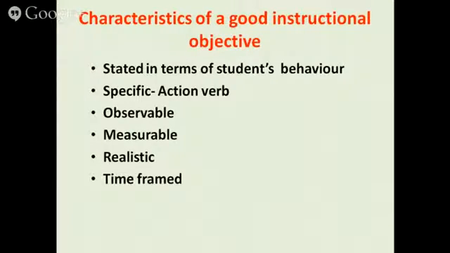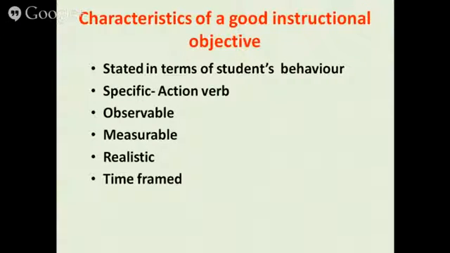All these are examples of action verbs. So depending upon what type of capability you would like to assess, you will use an appropriate action verb. Then instructional objectives, they all are measurable and observable.